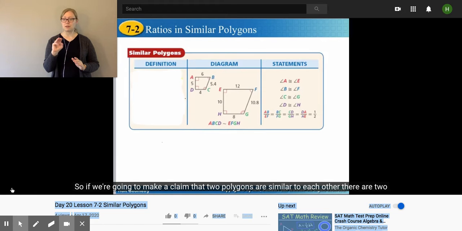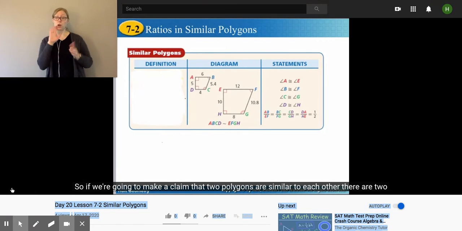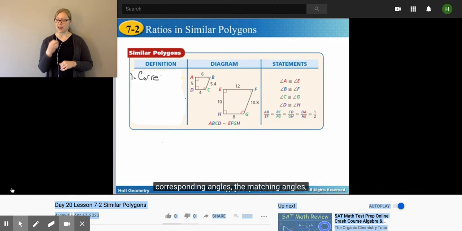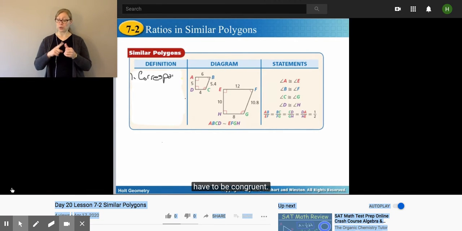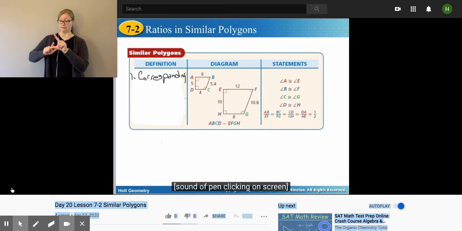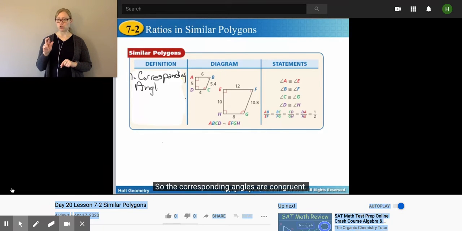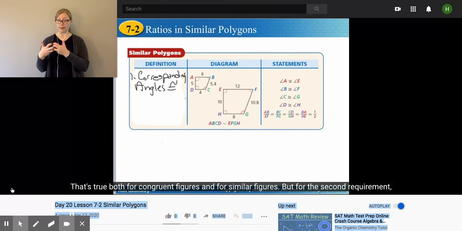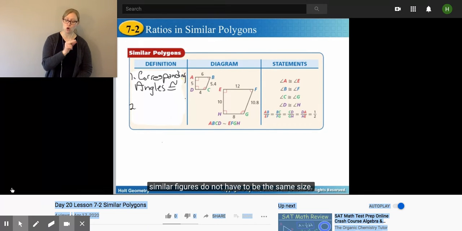So if we're going to make a claim that two polygons are similar to each other, there are two requirements. The first one is the same for congruent figures as it is for similar figures, and that's that the corresponding angles, the matching angles, have to be congruent. So the corresponding angles are congruent. That's true both for congruent figures and for similar figures. But for the second requirement, similar figures do not have to be the same size.